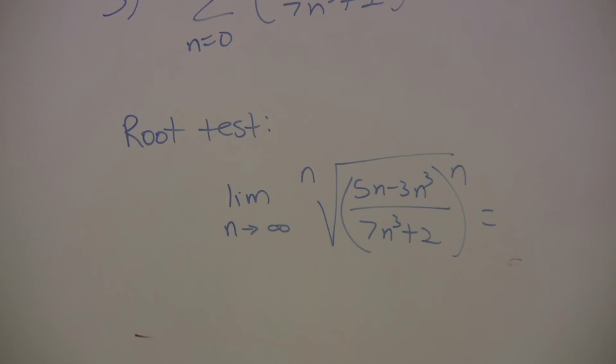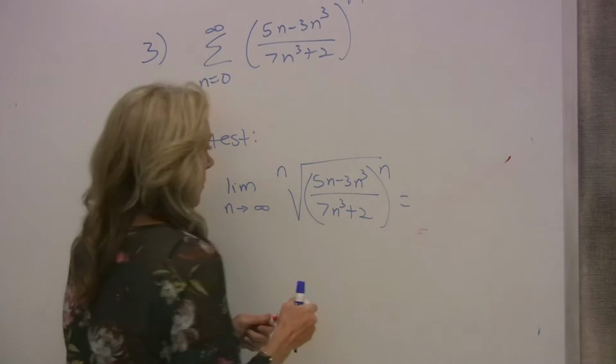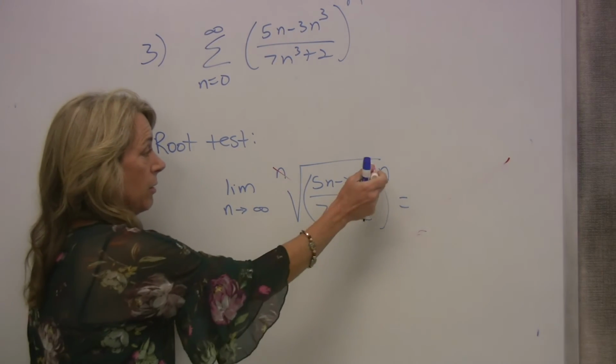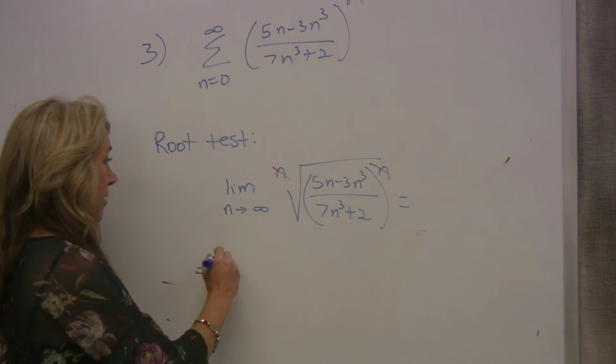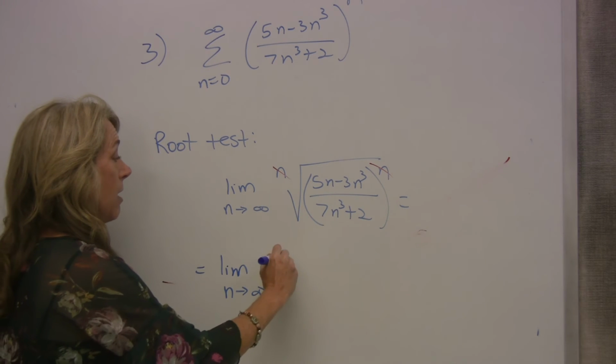What plays out nicely there? I end up getting rid of the root and the n over here, right? That's why we do it. So I just have the limit as n goes to infinity of everything else.